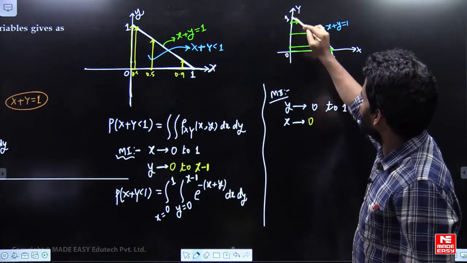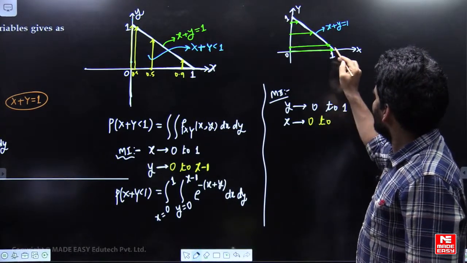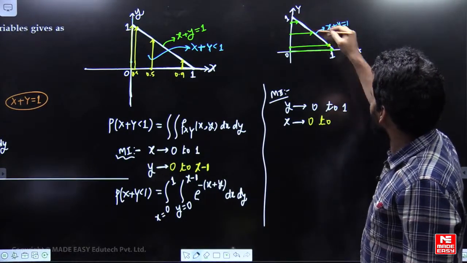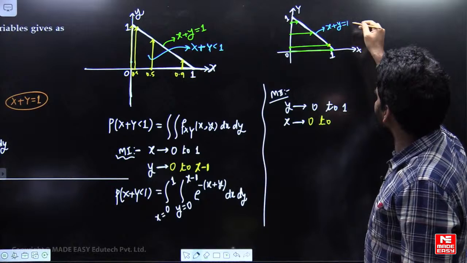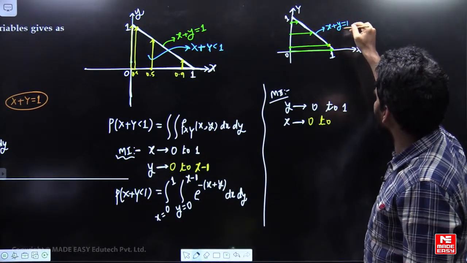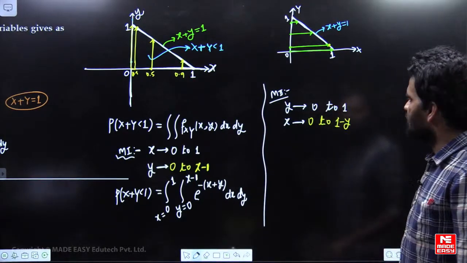On this line, this is x plus y is equal to 1. So on any point on this line, you check, x is equal to 1 minus y.